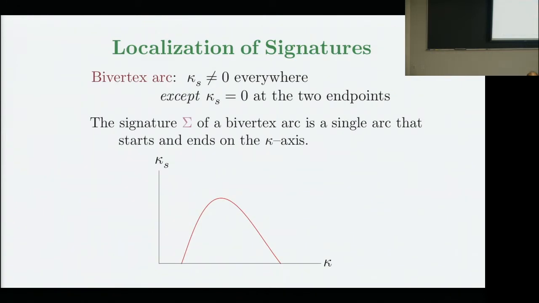So how do we localize it? We ended up chopping up the edges into what we call a bivertex arc. In curve geometry, a vertex is just an extreme point of curvature, or slightly more generally, a place where the derivative of curvature vanishes. So a bivertex arc is just an arc between two zeros of the derivative of curvature.